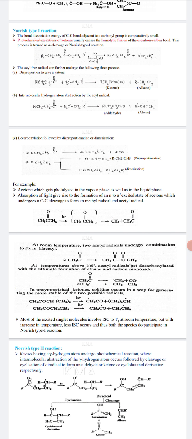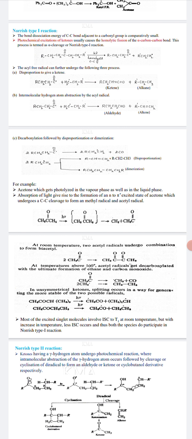Please listen carefully once again. The acyclic saturated carbonyl compound undergoes an initial cleavage of carbon-carbonyl bond to give an alkyl and acyl radical. This is known as Norrish type 1 reaction, or it is also called alpha cleavage, that is the bond breaking happens at the carbon-carbonyl bond.